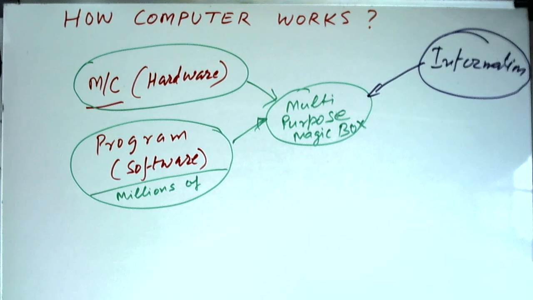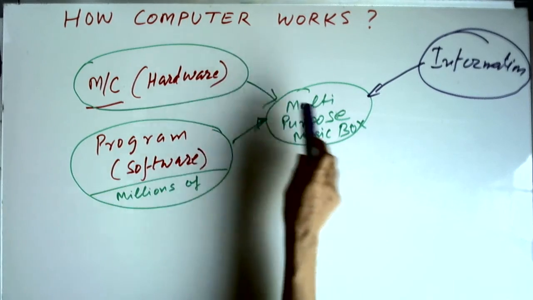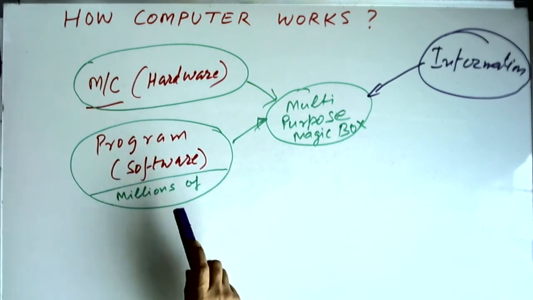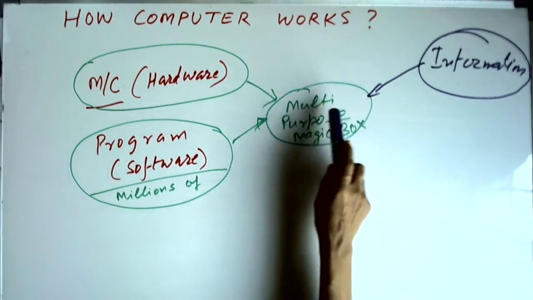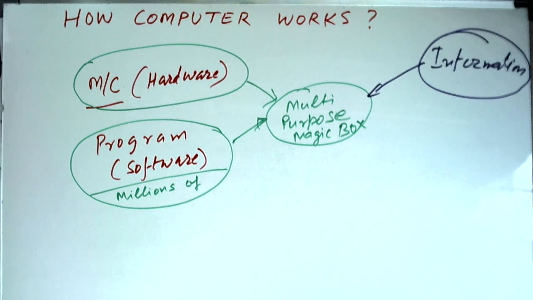So I am not writing a program, but what I am doing is I am preparing information, and this information will be available. So with these three combinations, the machine, the program and the information, this really becomes a magic box and is able to do millions of things. It is able to do a lot of things which I mentioned to you.